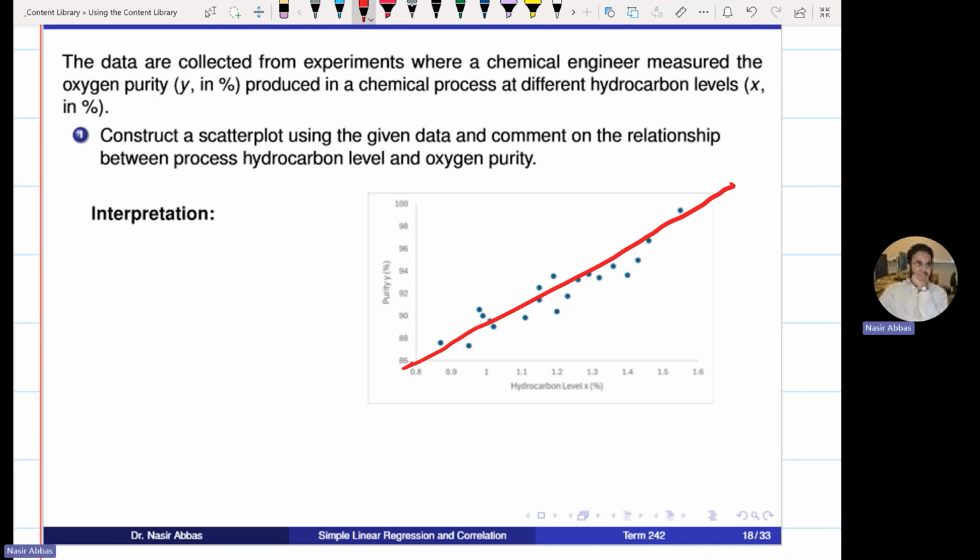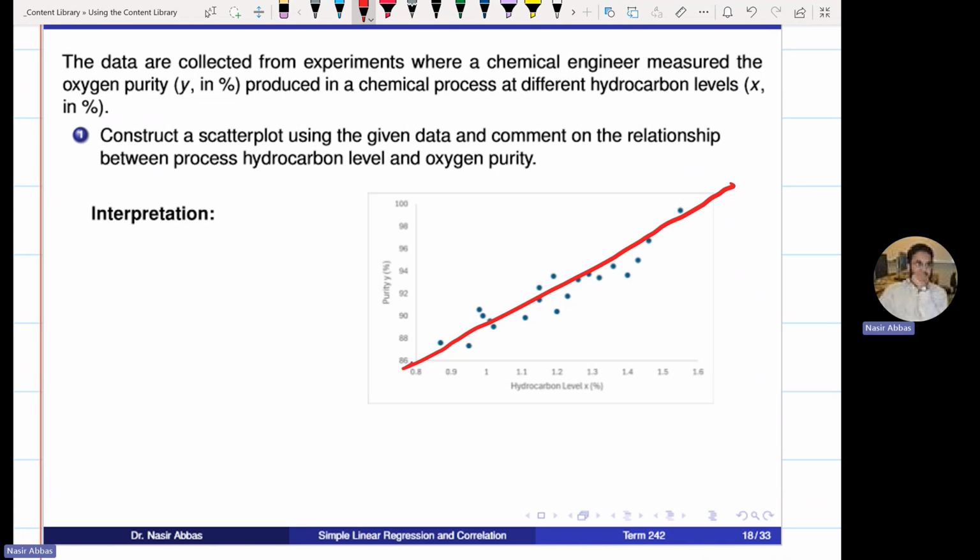Approximately, right? So there is a positive linear association between X and Y. It is not very strong, but it is good enough. The points are not very closely clustered around the line, but it is good enough.